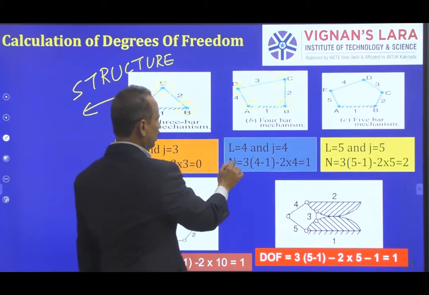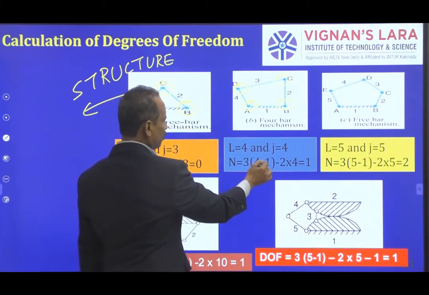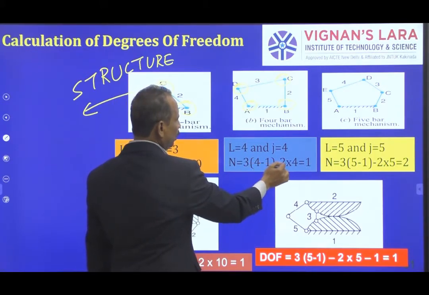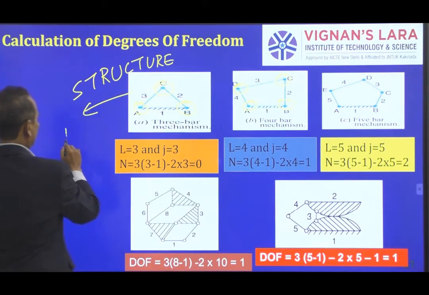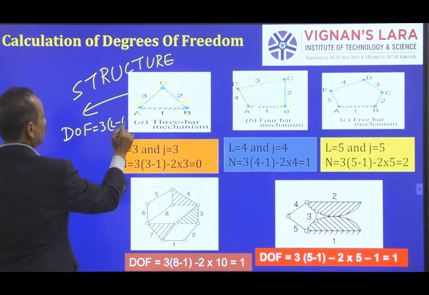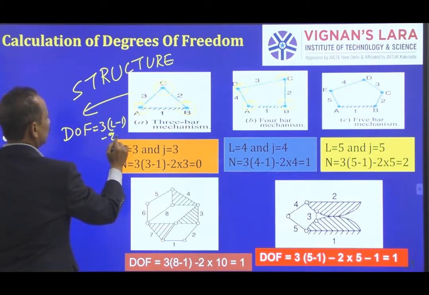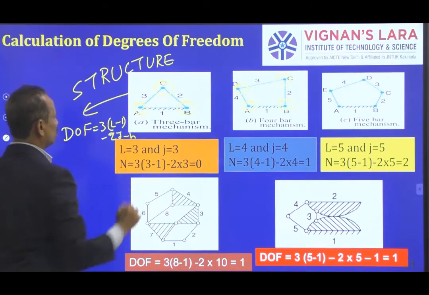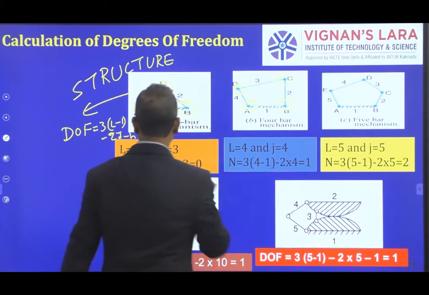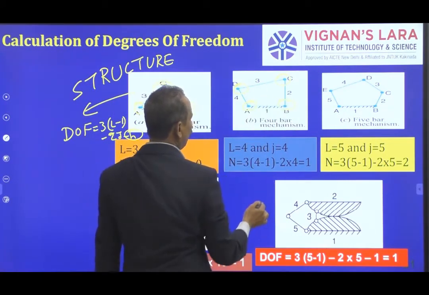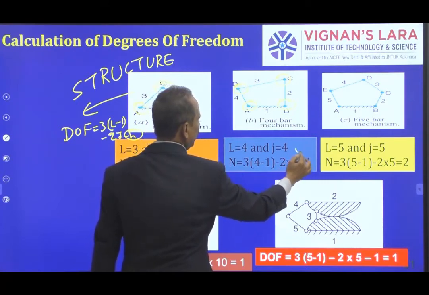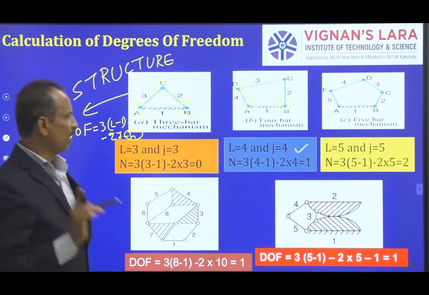Incorporating in this equation, 3 into 4 minus 1 minus 2 into 4, with h equal to 0 as there is no higher pair, the degrees of freedom for this mechanism is 1.